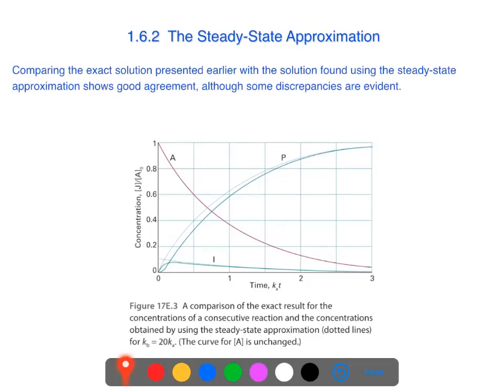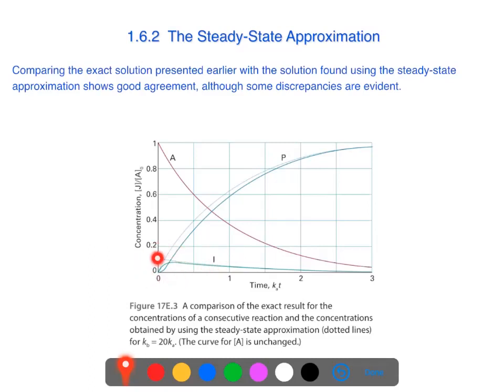So if we take a closer look at this particular figure, if we follow the concentration of A, as shown in our caption, this is identical whether we use the steady state approximation or solve for the product concentration numerically. Where there are some differences is with the change in the intermediate concentration. With the steady state approximation, there are slight differences early on in the course of this reaction.